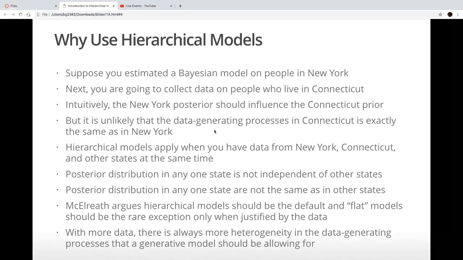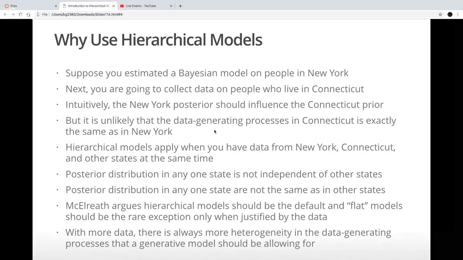But you would want to add more variance when you extrapolate your model from one state like New York to another state like Connecticut, and especially if you want to extrapolate from a state like New York to a state like Mississippi, which is different in a lot of respects.